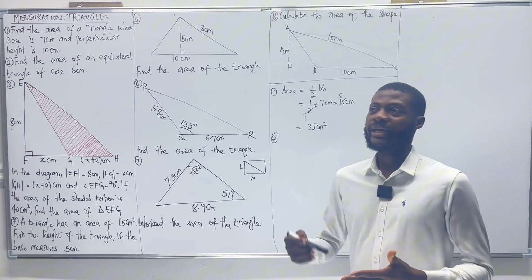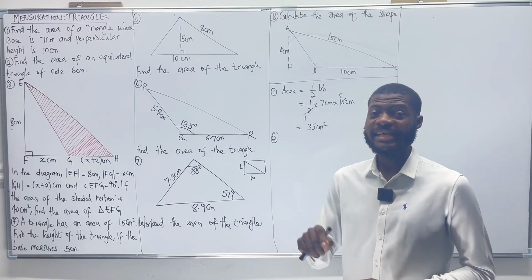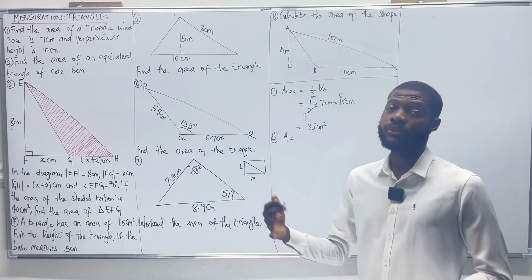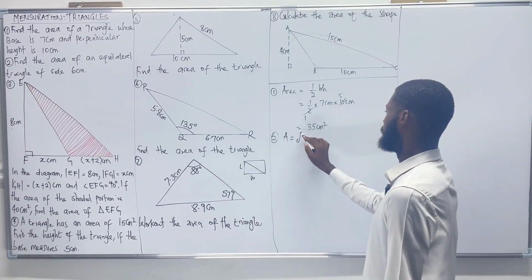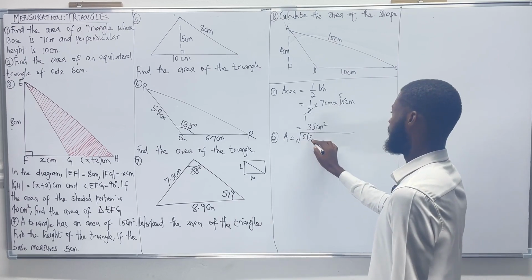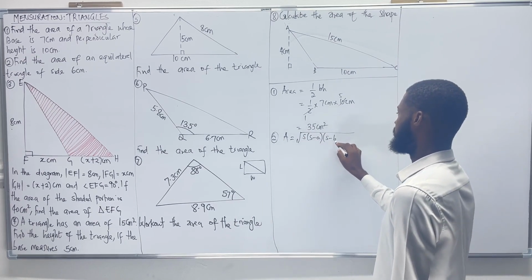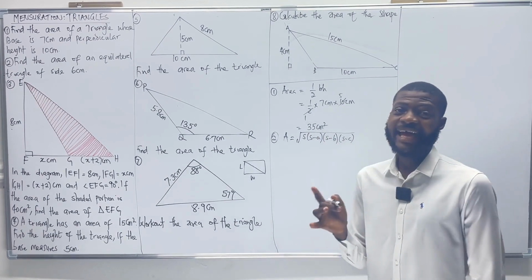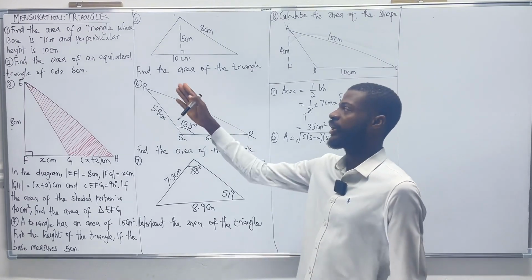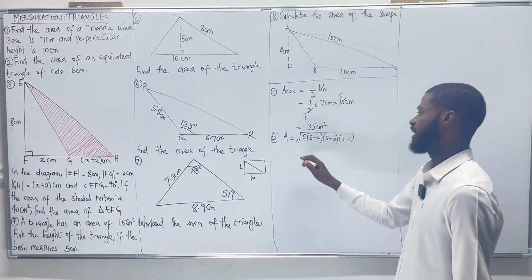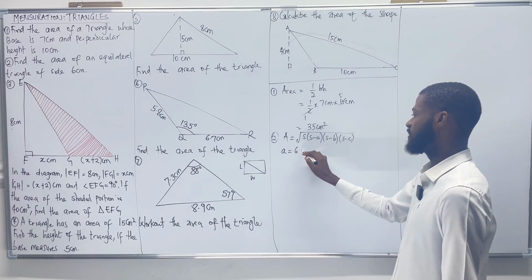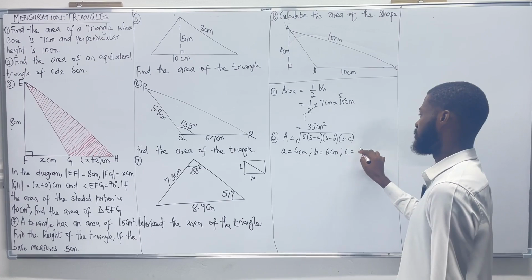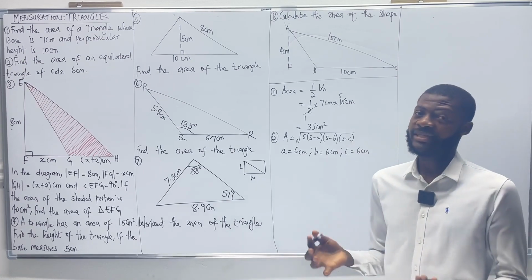If you have a triangle and you are given the sides, the area can be gotten using Heron's formula, which is the square root of s(s minus a)(s minus b)(s minus c), where a, b, and c are the sides. In this case, it's an equilateral triangle, so all the sides are the same. So a is equal to 6 cm, b is 6 cm, and c is also 6 cm.